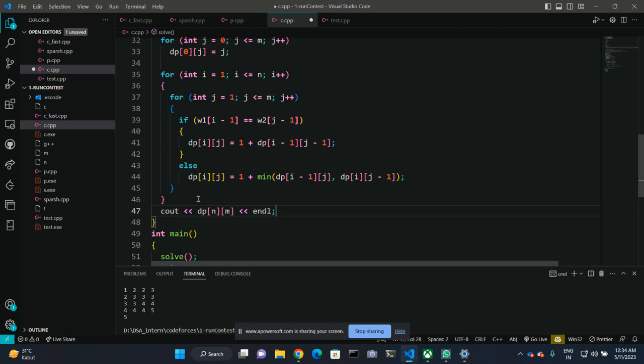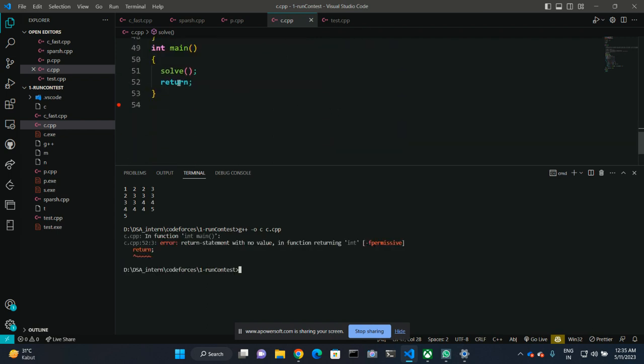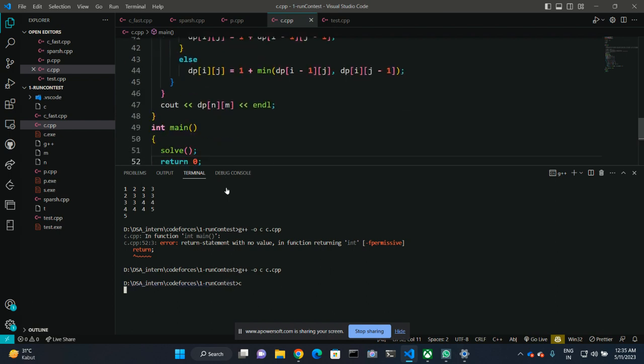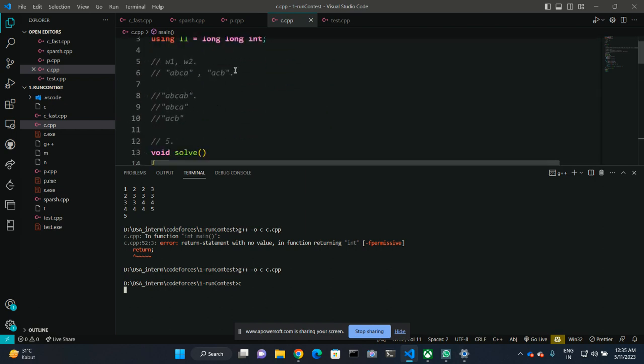Yeah. Let us check for a case, then we'll proceed to the next. So n, m lengths will give this. ABC, 4 3, ABC BAC, 5.